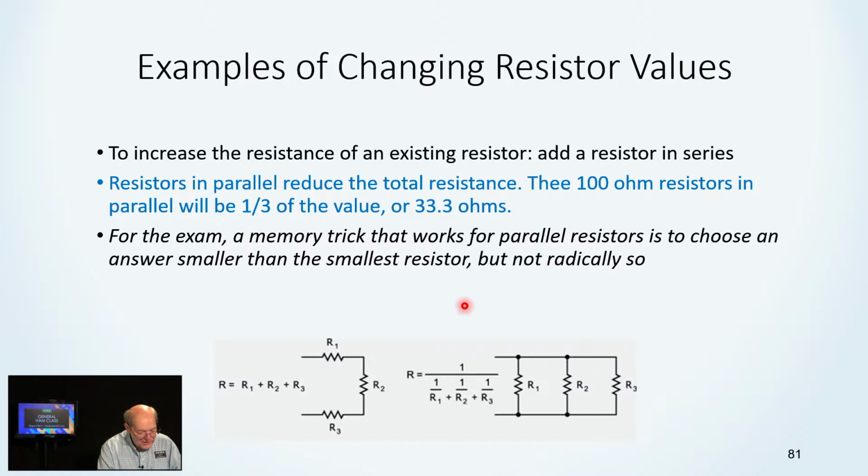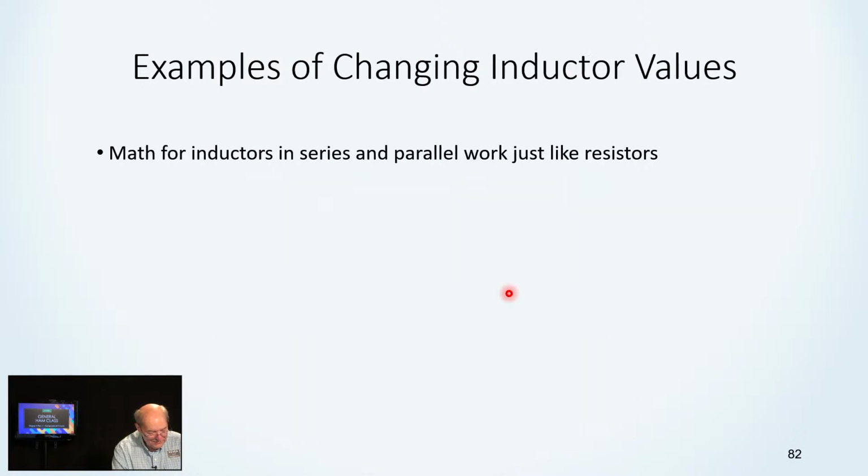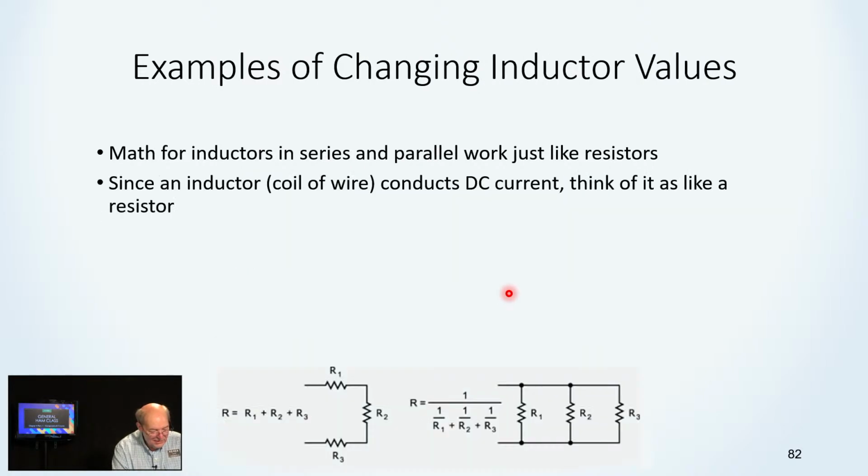Choose the answer that's smaller than the smallest resistor, but not radically so. Inductors. Now I'm showing resistors here, but inductors work the same way. They work exactly like resistors. Since an inductor is a coil of wire, it'll conduct DC current, so think of it like a resistor.